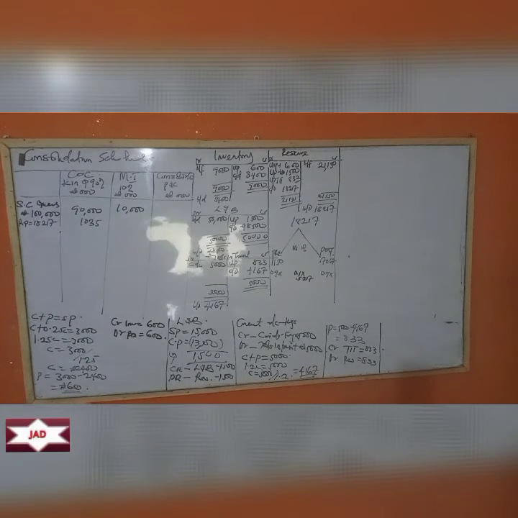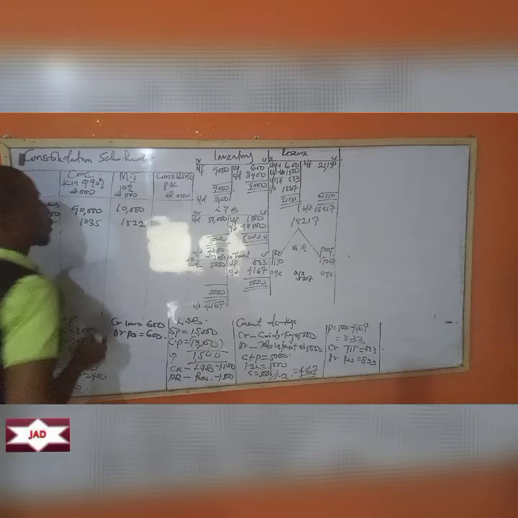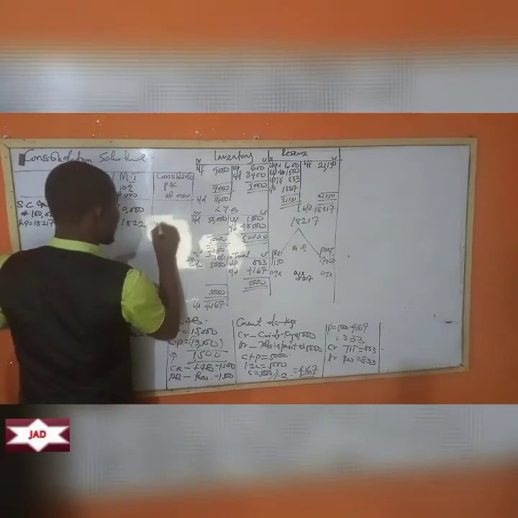Minority interest there is 0.1 times 18,217, which is 1,822. Then 0.9 times the post, 17,067, gives 15,360.